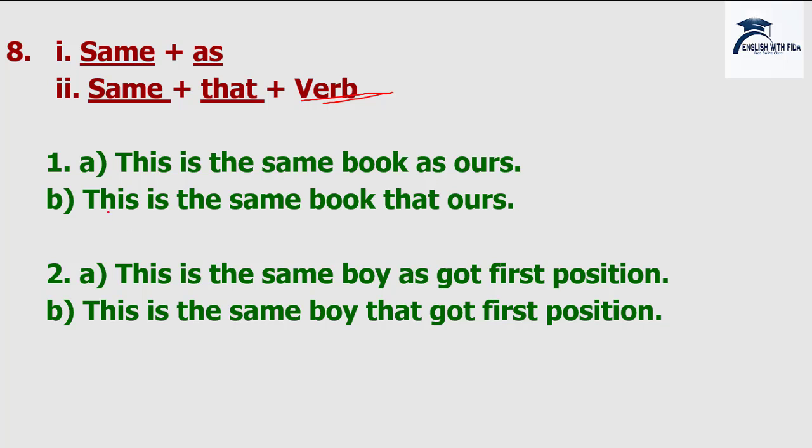In the first sentence we are not having a verb after it, so "same as ours" will be correct, "same that ours" will be wrong. "This is the same boy as got first position." After as we have a verb, so "This is the same boy that got first position." If we have a clause after it we will use that. If we are having only a noun or pronoun, we will use as.